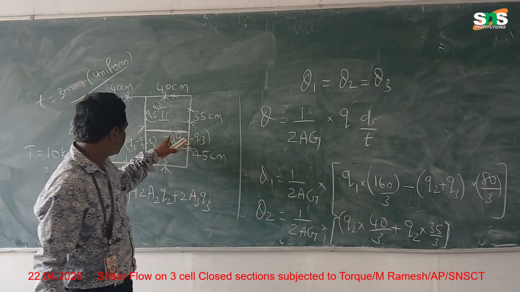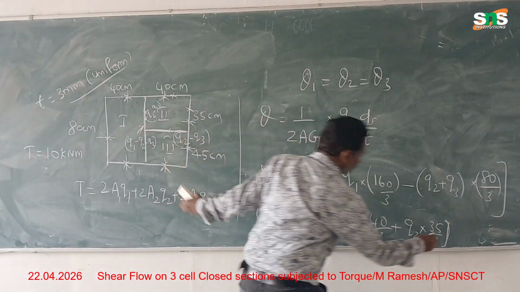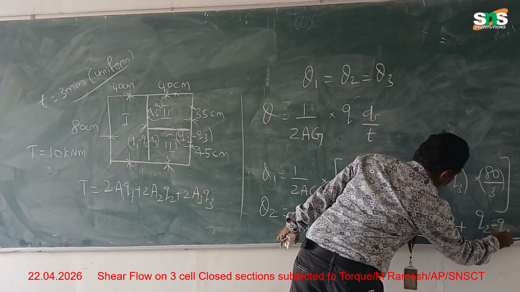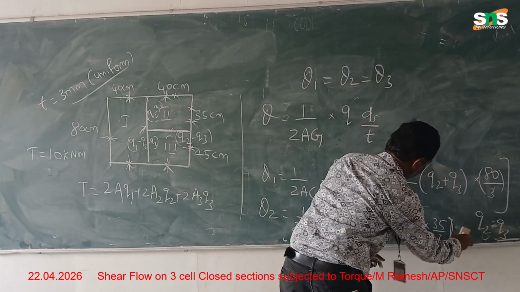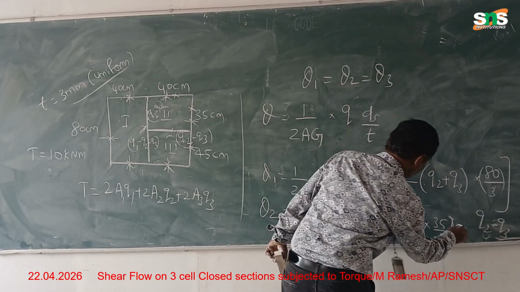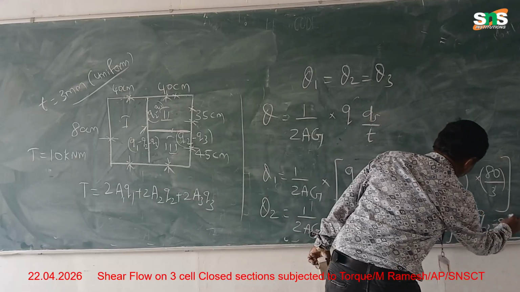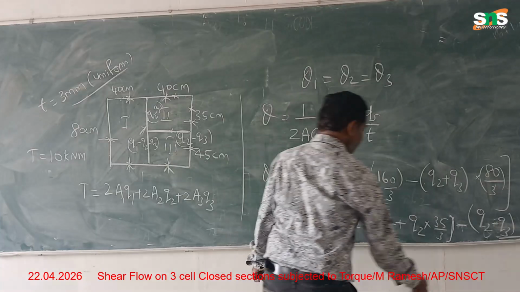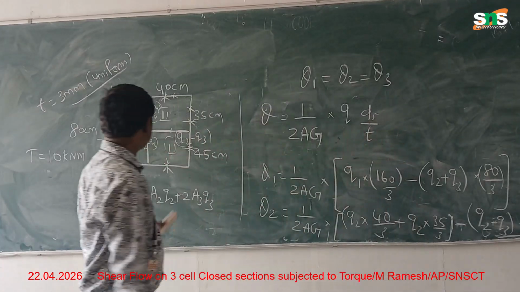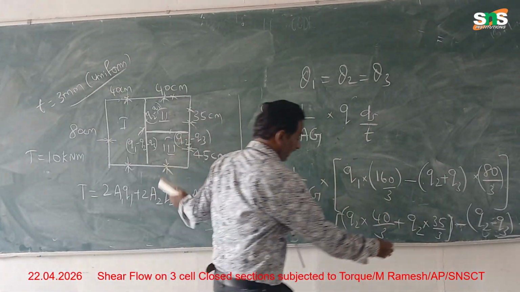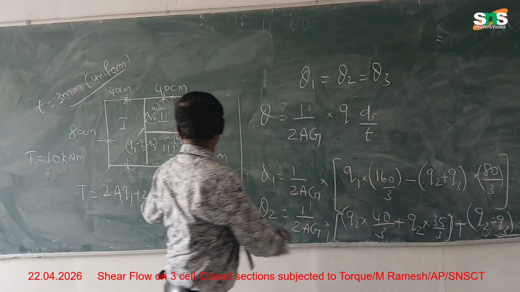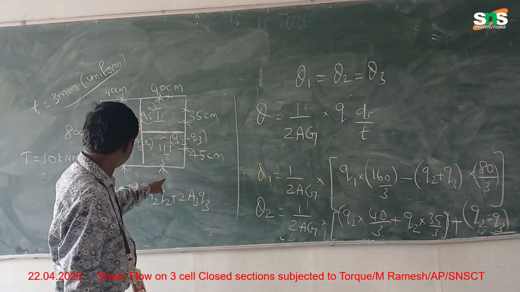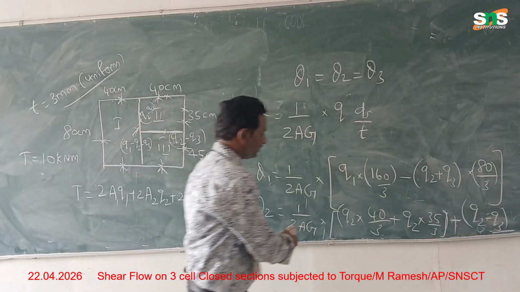Next, here it is Q2 minus Q3, into this distance, that is 40, so 40 by 3.